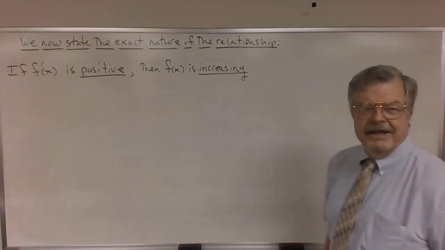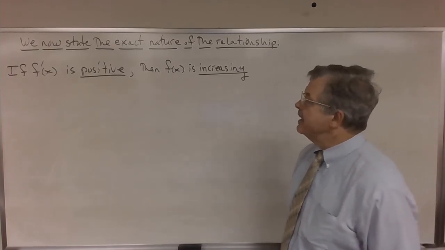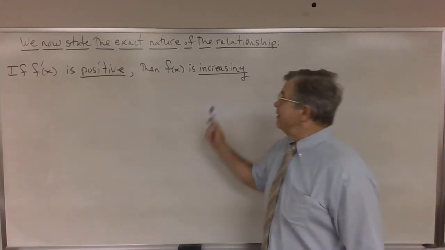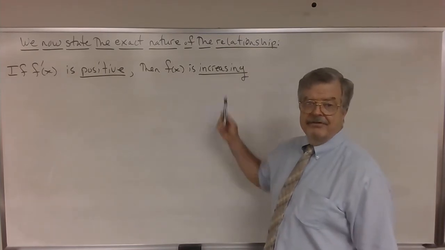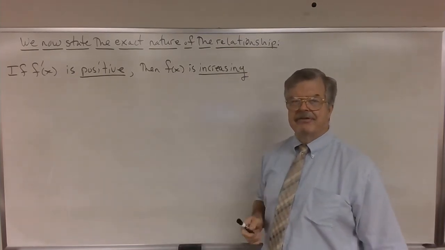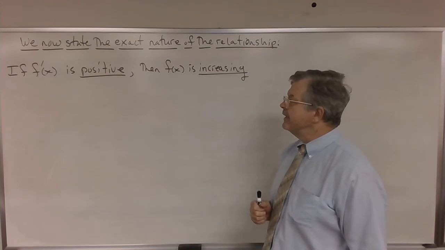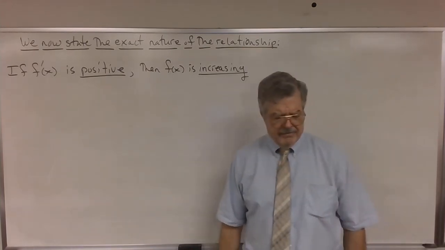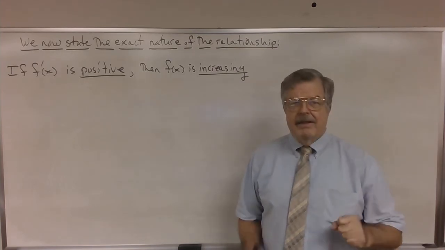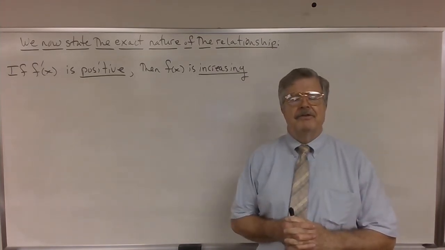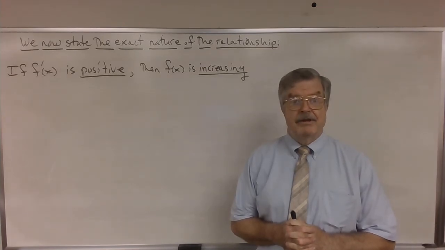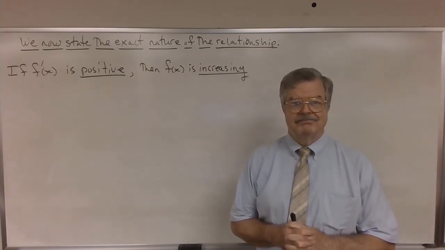Here's the exact nature of the relationship. If the derivative is positive, then the function is increasing. That's the exact nature of the relationship. And having stated this, let me ask you something. Suppose that the derivative is negative. What do you think would be true in that case?